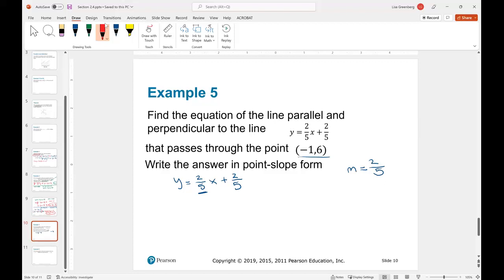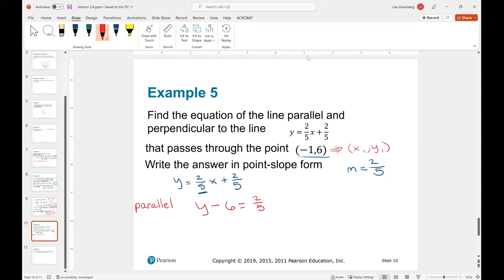Again, the easiest thing to do is put it into point slope form. So the parallel line in point slope is y minus, and remember this is x1 comma y1. So -6 is equal to m.